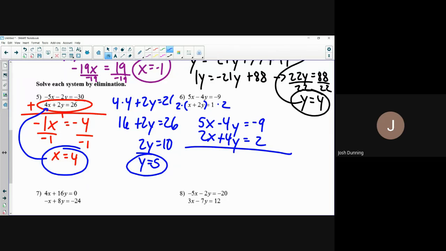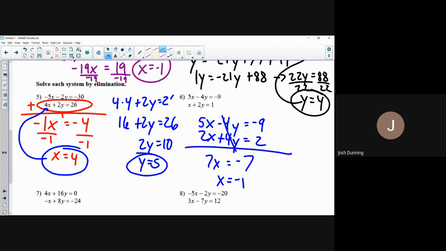So 5 plus 2 is 7. The y's cancel. -9 plus 2 is -7. Divide by -1. Now we'll go back to one of the originals.